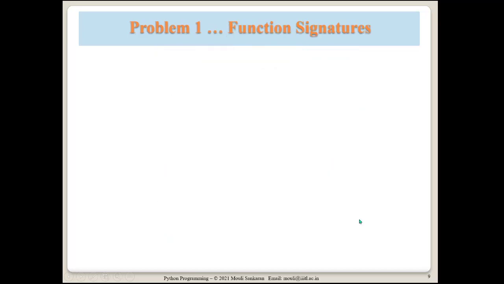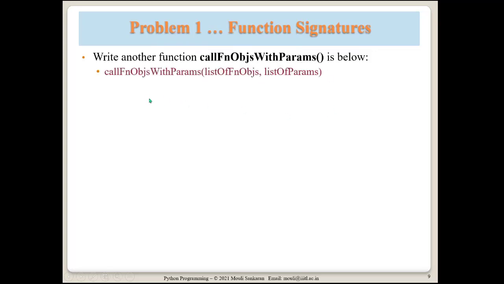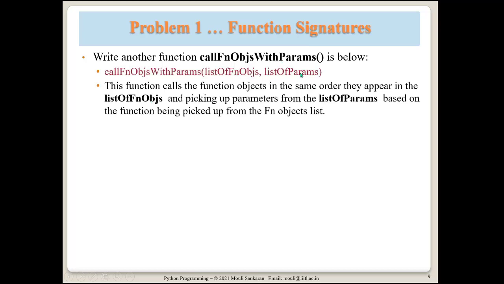Now, what is it that you are going to implement, apart from those small random function generators? This is the call function which you are going to implement. It takes both the list and the function objects, and calls the functions in the same order they appear in the list of function objects, picking up parameters from the list of parameters based on the function being picked up.